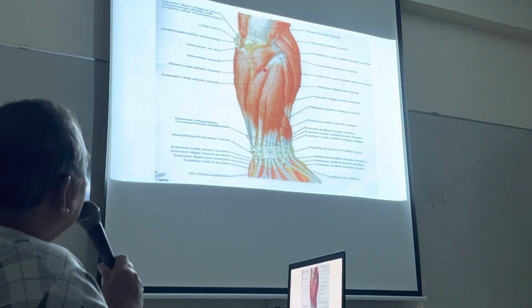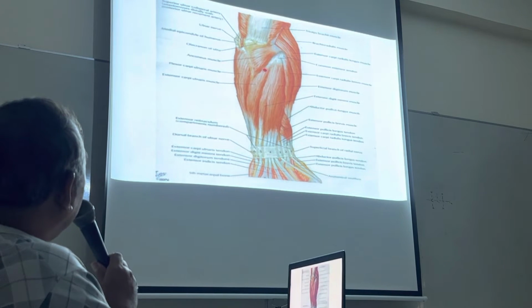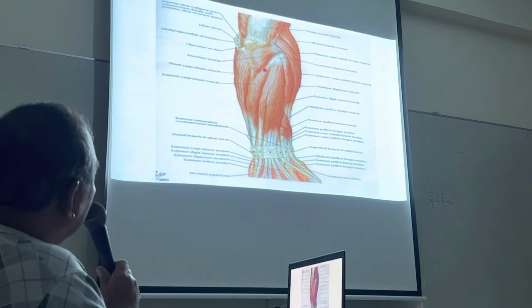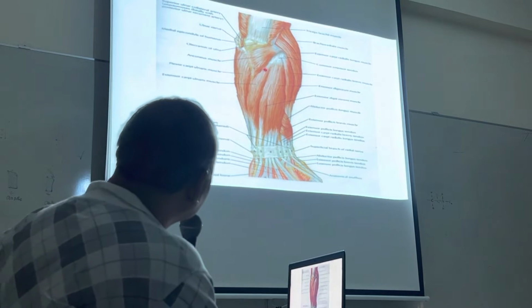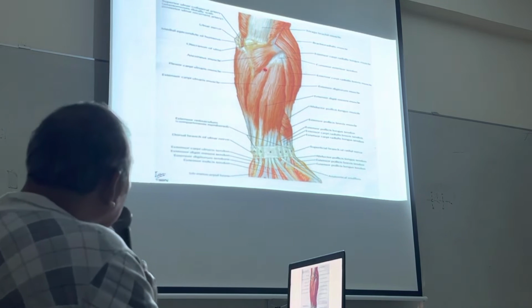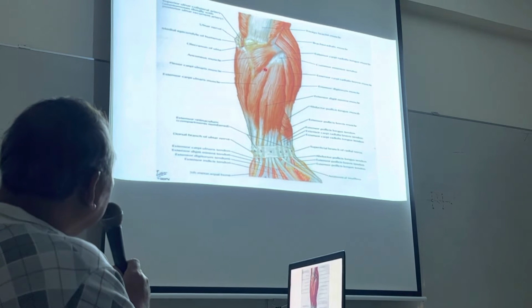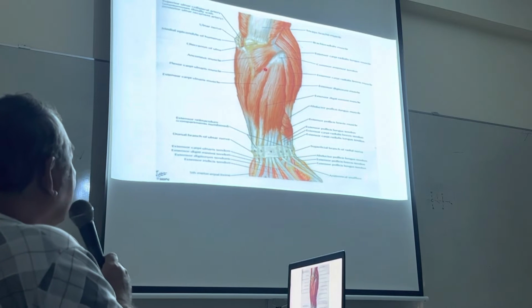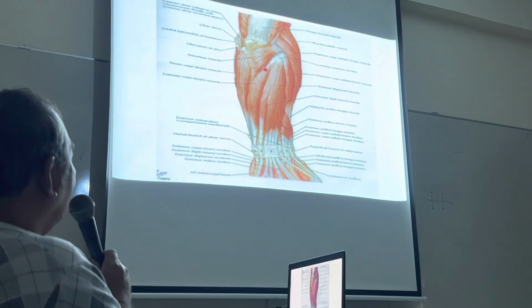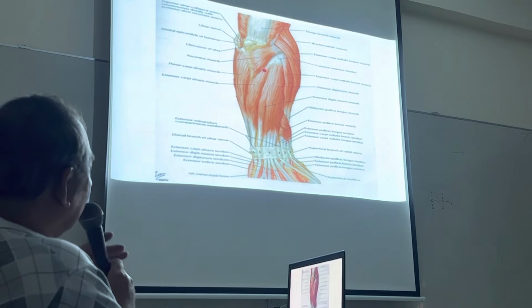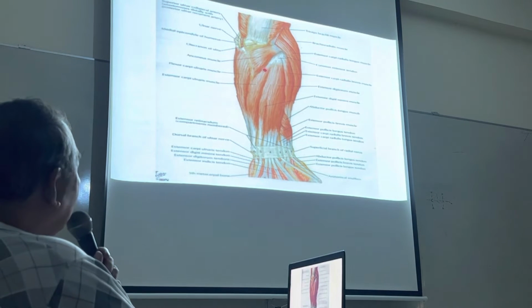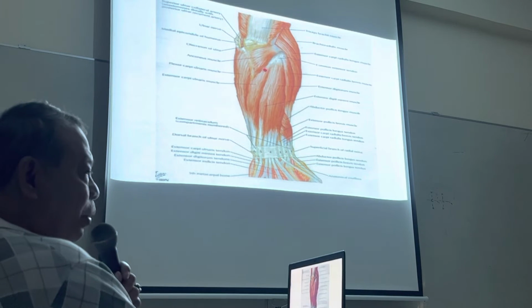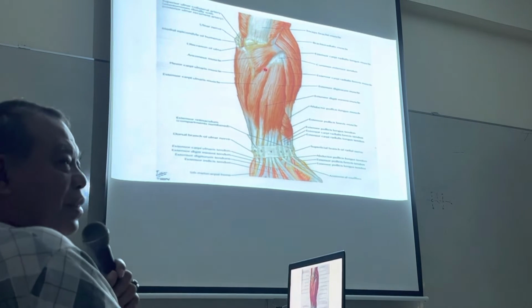Okay, so we have already taken up extensor carpi ulnaris. Then next, extensor, what is next? Extensor digiti minimi muscle. Okay, so we know already the action. So this muscle is extensor digiti, meaning it will be inserted into the digits.